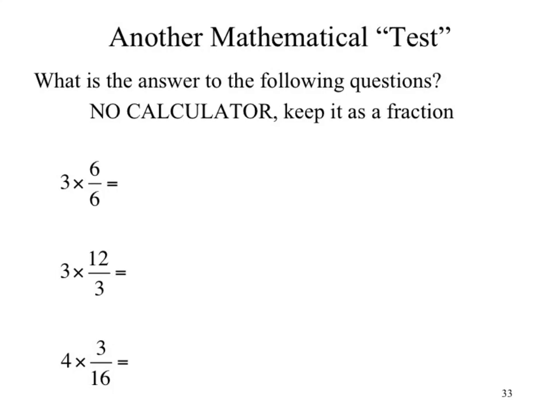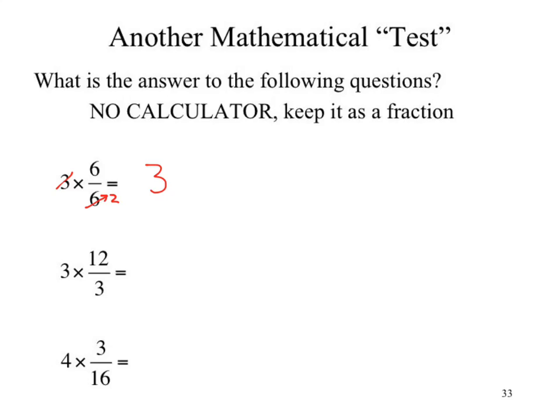How can we solve that first one? The 3 can cancel with part of the 6, and we end up with 6 over 2. So we can go through and simplify with our numbers.